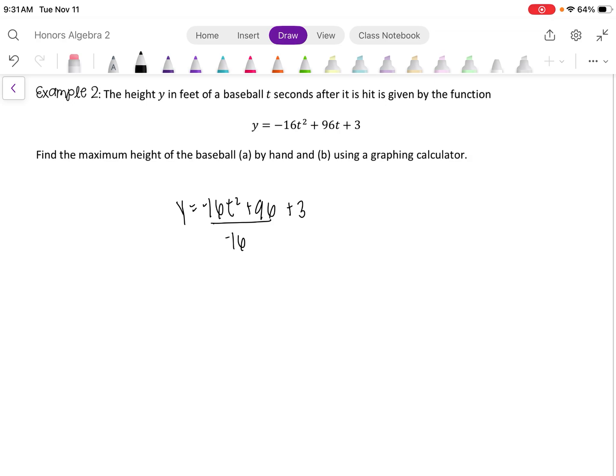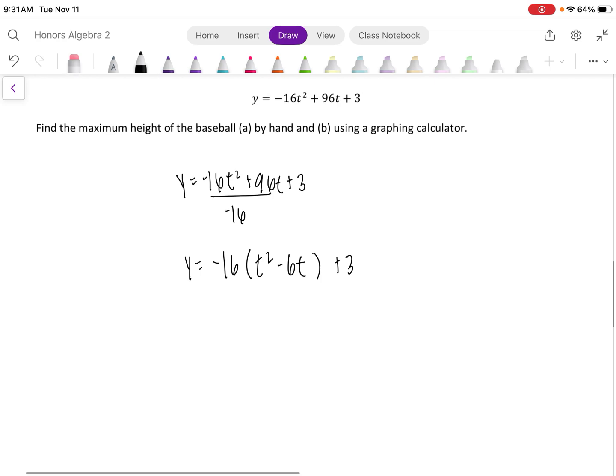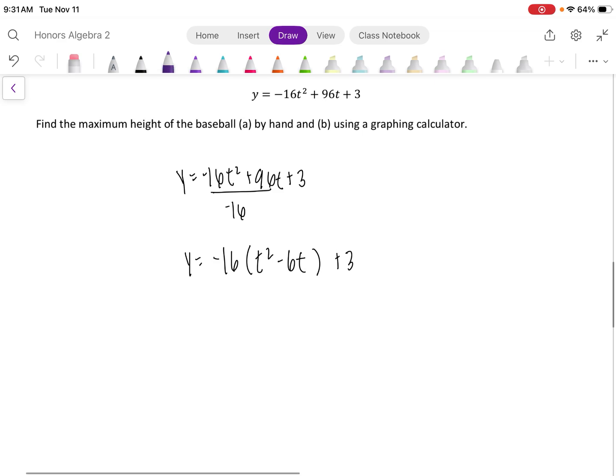And so it's going to be y equals negative 16 times t squared minus 6t, plus 3. So I'm going to ignore that 3 for right now, and then I'm going to complete the square. So I'm not getting rid of that negative 16 like I did in the past.